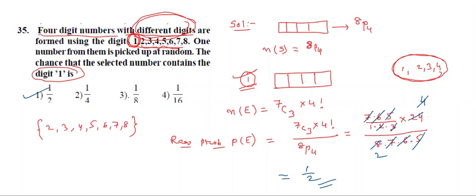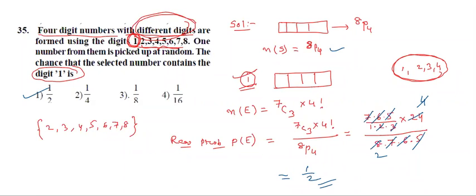If you know permutation and combination, then this question is very easy because they have given 8 digits. By using 8 digits to form different 4 digit numbers, that is 8P4 directly without condition. But they have given one condition: one digit is already selected, that should be 1.